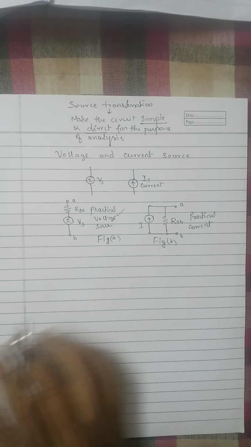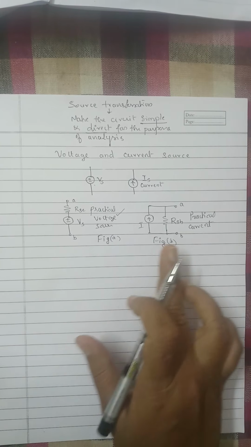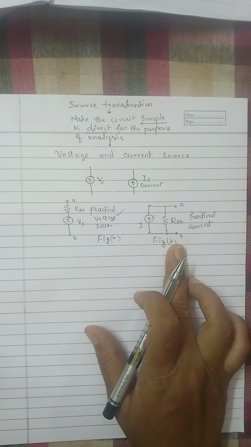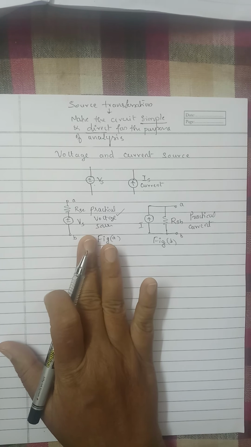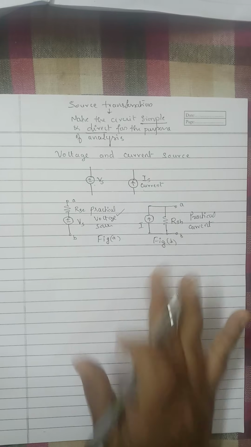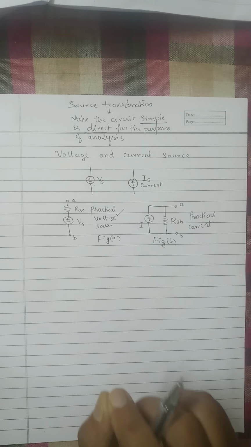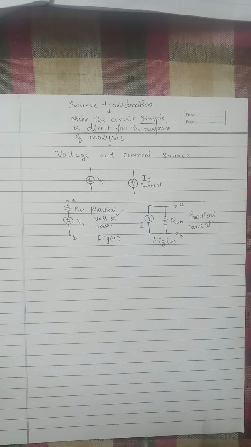Right. So in the last class, we have seen that a voltage source can be transformed into a current source and a current source can be transformed into a voltage source. That is, vice versa is possible. Now I will elaborate this explanation with one small example.